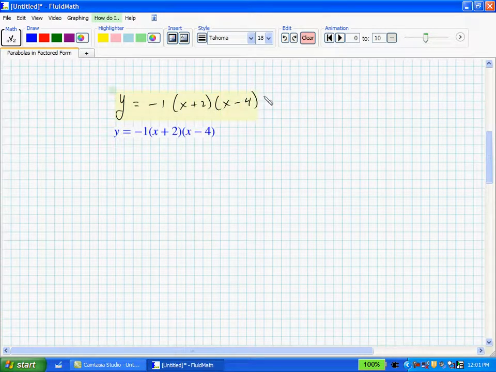Now if we look at this, we can see very quickly that it's going to go through 4. x equals 4 is going to make that factor equal 0. This factor is going to equal 0 when x equals negative 2, and it's going to be a parabola that opens down with a shape of negative x squared. So let's see what indeed that looks like.